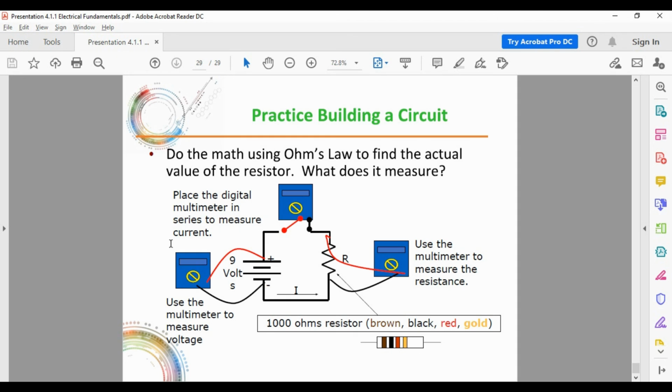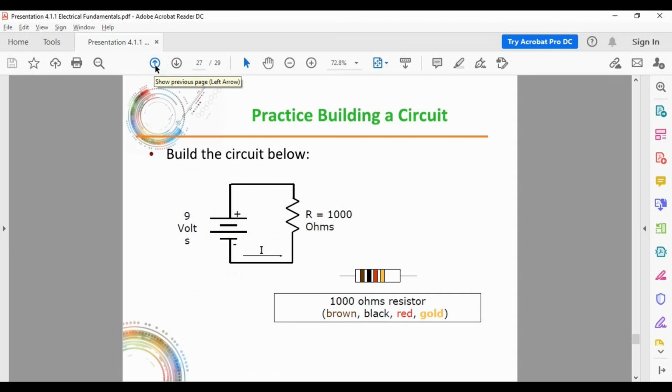Here's another slide that's just kind of for your interest. But really, for my concern, by the time you get to here, my expectation would be, could you read a simple little diagram? In other words, could you identify that this is the battery, this is the resistor? If I had a diode on there, would you be able to see that?